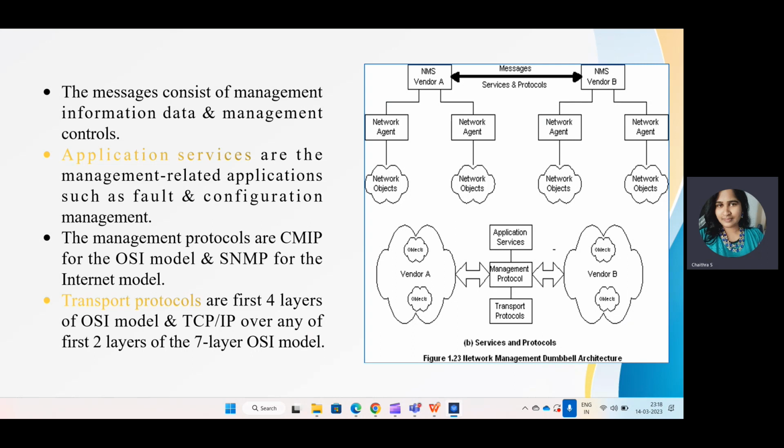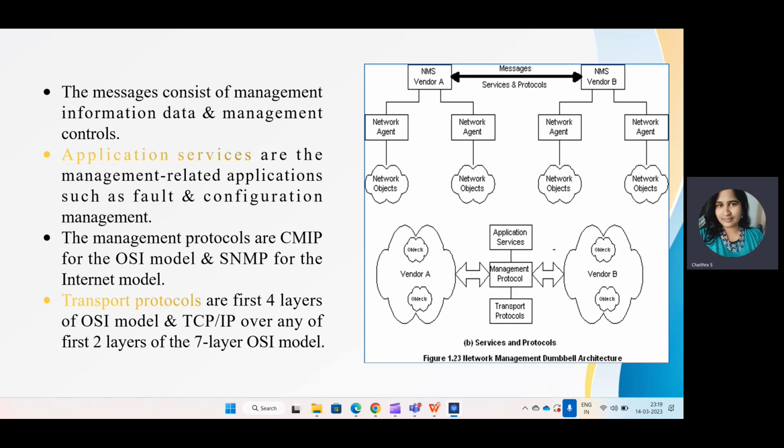These are the two major protocols we are going to use in the network management system for data transmission. Here, for the services, some objects require a service from vendor B. Let us say SNMP is the protocol we are going to use for the conversation, that is, the messages.